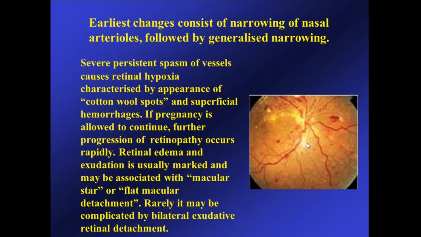Early changes consist of narrowing of the nasal arterioles, followed by generalized narrowing. Severe persistent spasm of vessels causes retinal hypoxia, characterized by appearance of cotton wool spots and superficial hemorrhages.